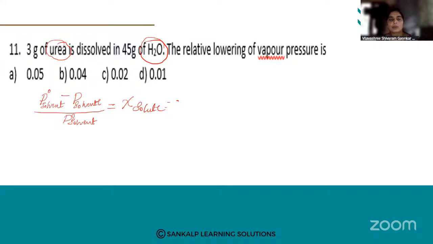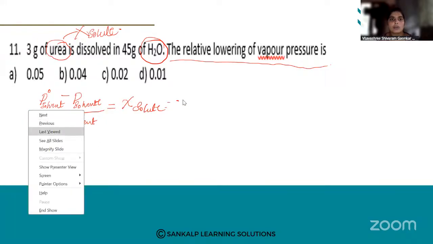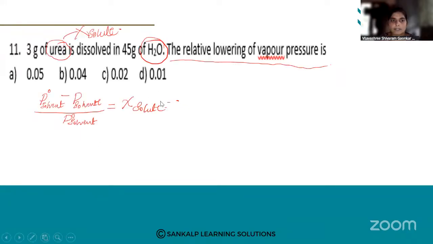If we find out mole fraction of solute, or mole fraction of urea, then we are able to find out relative lowering of vapor pressure. What is this quantity?